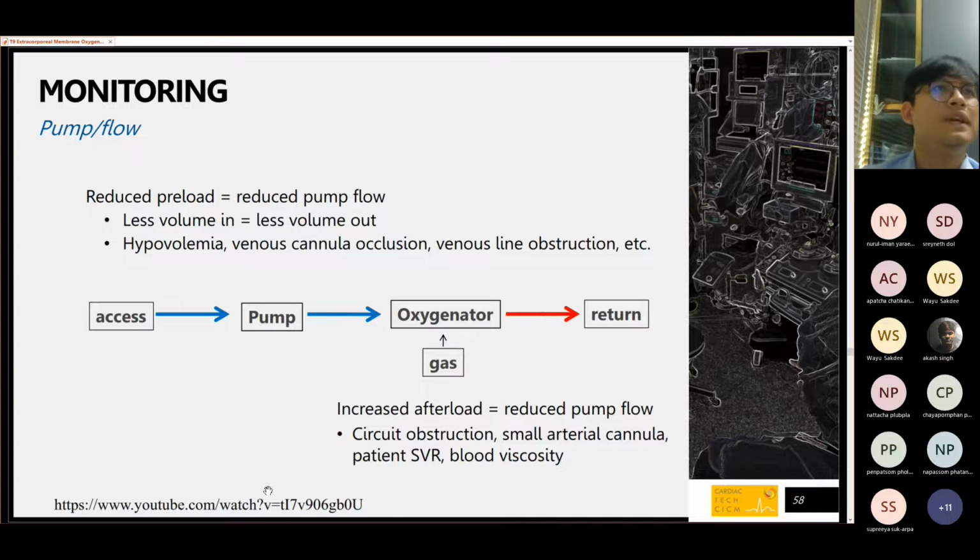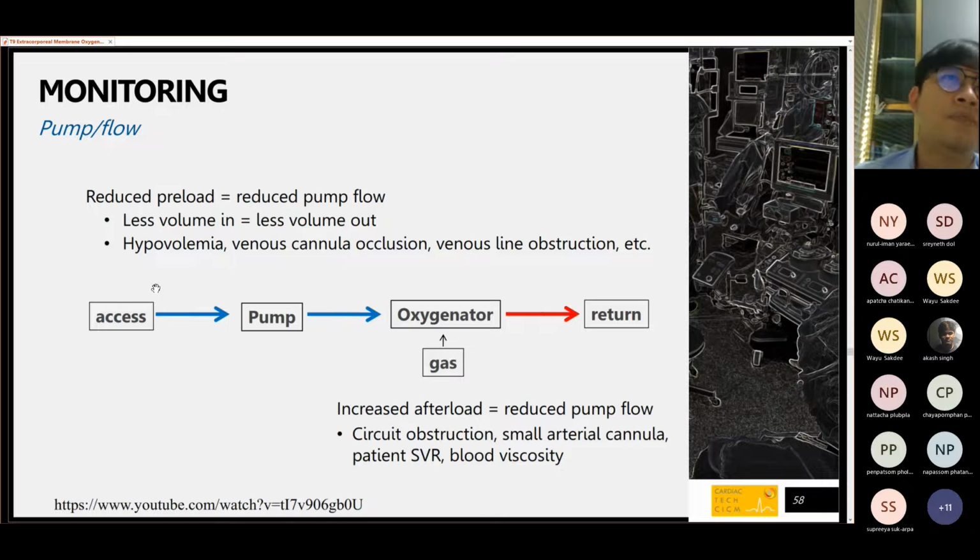Next I will show you the pump and flow, and the volume. Here is the relation between pump preload and pump afterload. Reduced preload means reduced pump flow: less volume in means less volume out.